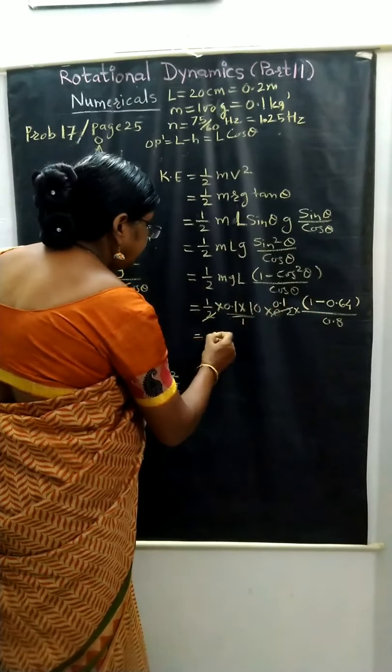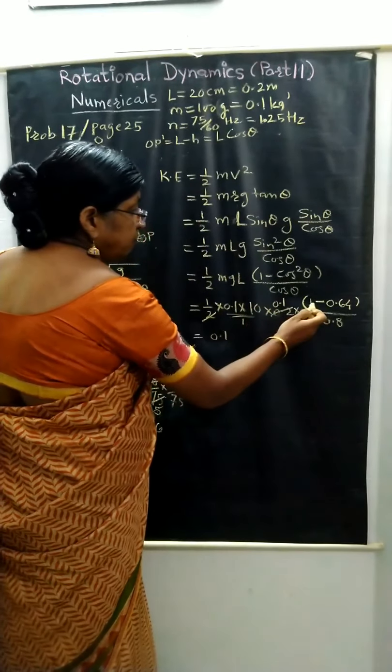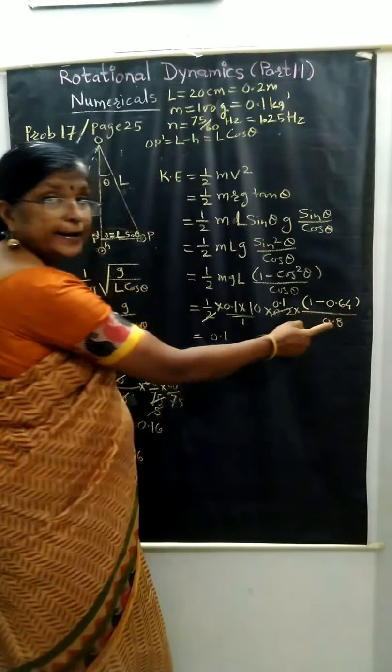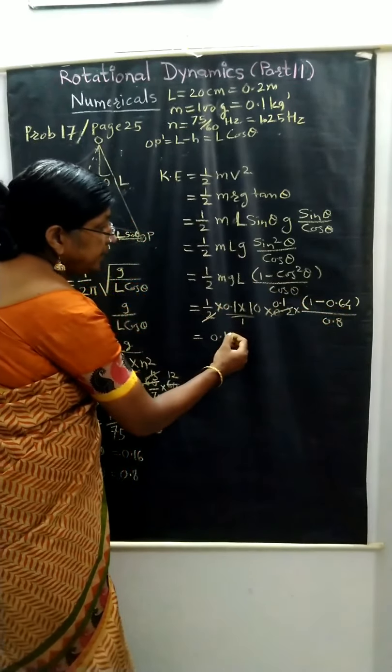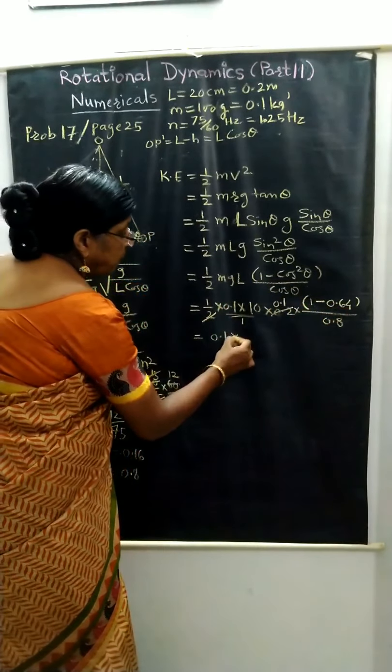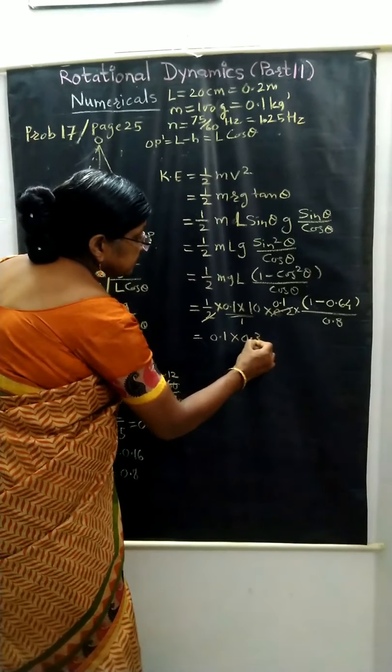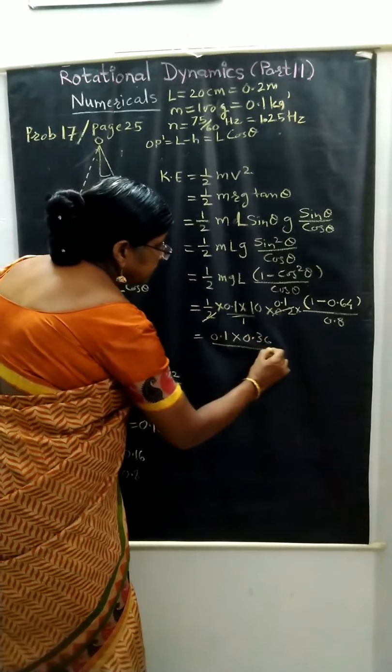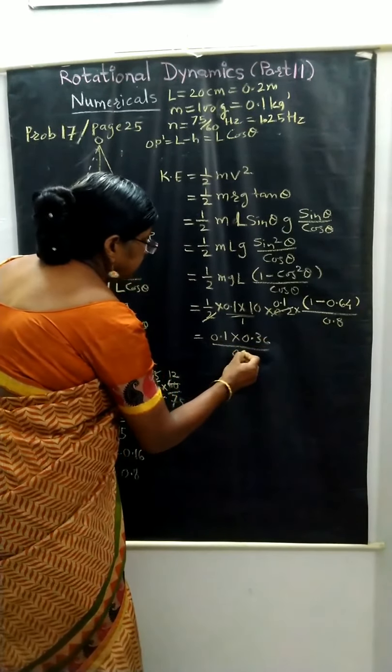So 0.1 into 1 minus 0.64 makes 0.36, divided by 0.8.